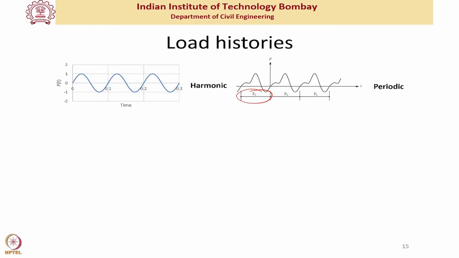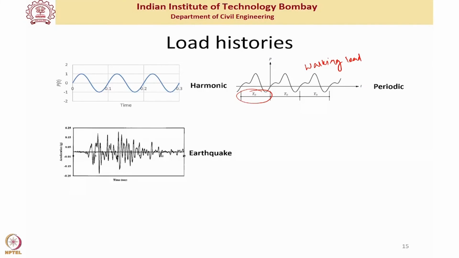Okay, so what I have shown here is a representation of a walking load. Of course, this assumes uniform walking at a fixed pace, but this basically represents a walking load. Then there could be earthquake load, which is more like a random excitation.